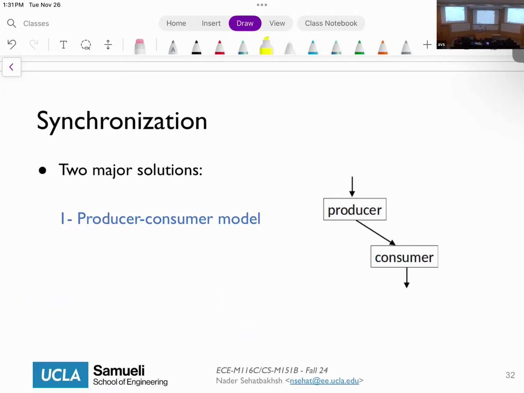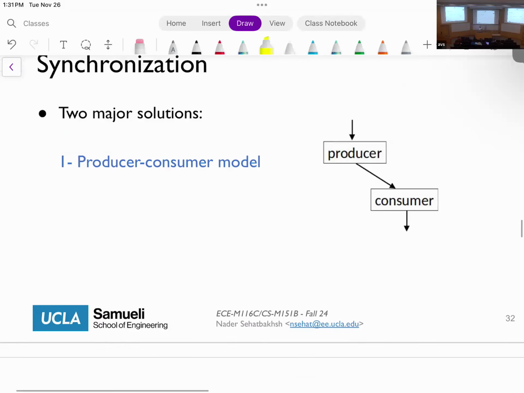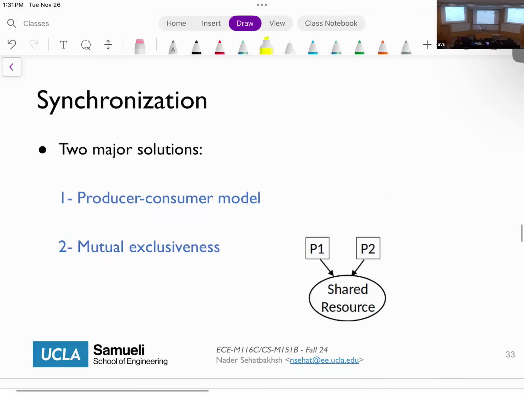The first one is what we call a producer-consumer model, where we always guarantee that data is produced by one and consumed by the other. We always maintain the order, so we never let the producer happen after the consumer. The second solution is what we call mutual exclusiveness, which means that we always guarantee that the shared resource, whether it's a memory line or various different things, can only be accessed by one of the cores. There is no line that can be written by two at the same time.